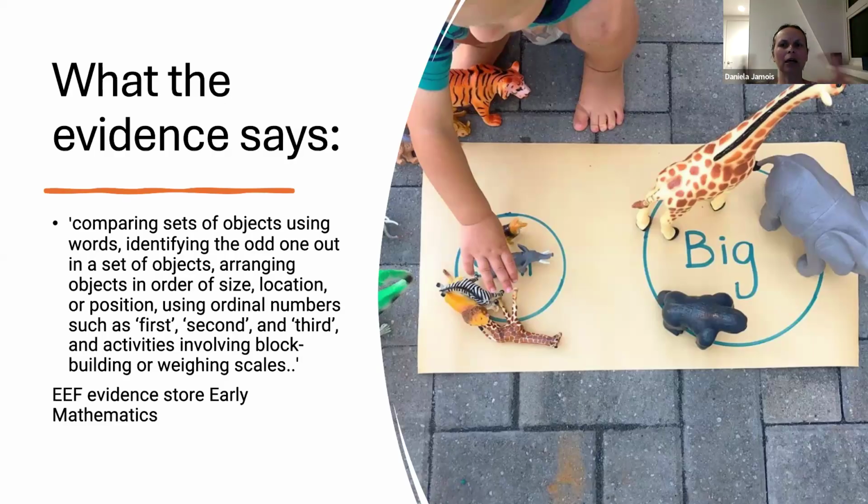So think about the first stage of all of these things. If you are ordering things in size from the smallest to the largest, your first stage will probably be talking about small and big, like you can see in this image where a practitioner has made a smaller circle in which to put the small animals and a bigger circle in which to put the bigger animals.